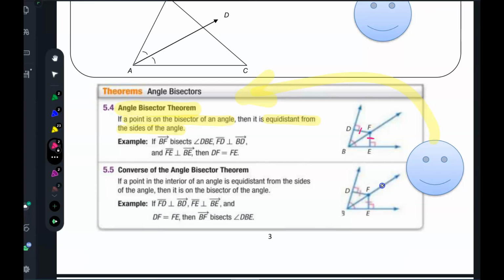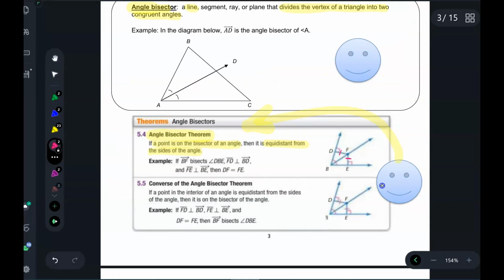Wait, does that mean that BD and DC are equal? No. You have to make sure that if I want to draw the distance from D to AC, I would draw it straight down, perpendicular.